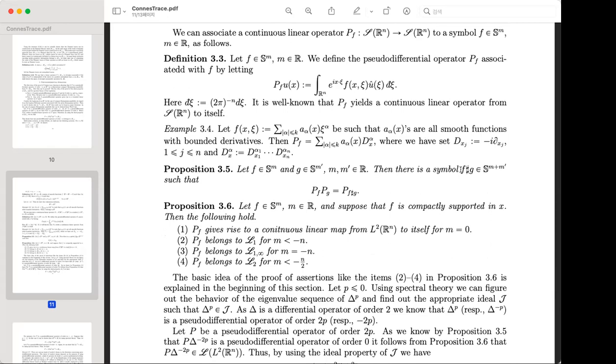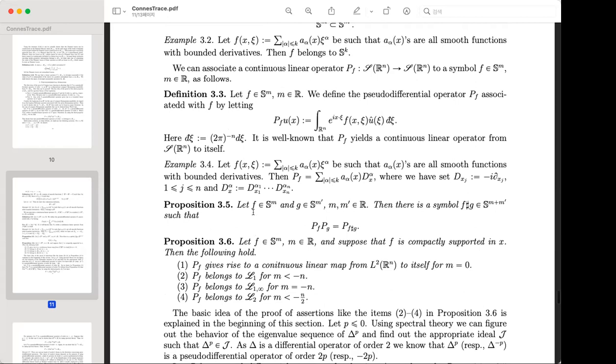Well, actually, I omitted the formula, but we can also write down the explicit formula of this symbol function in terms of f and g.